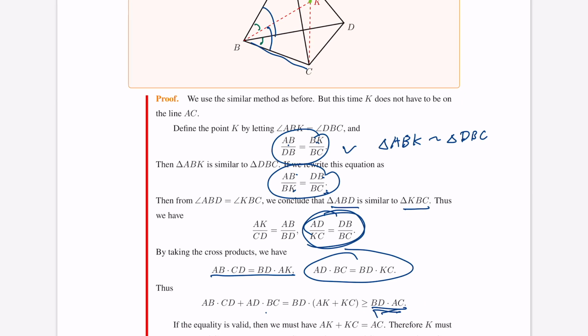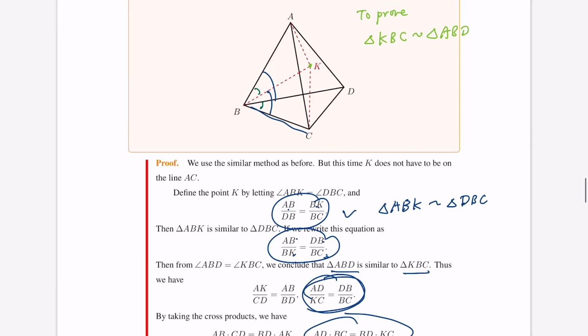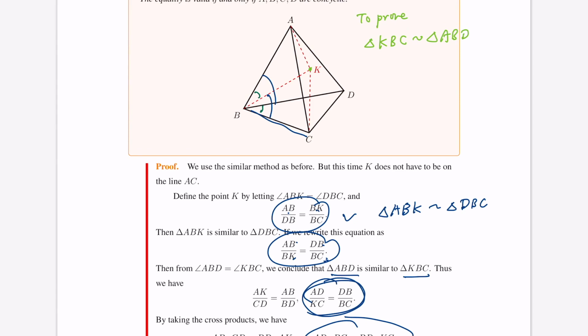And so why, in the equality case, does ABCD have to be concyclic? Well, in the equality case, the triangle inequality becomes an equality. And when that happens, KAC is not a triangle anymore, because in a triangle, the sum of two sides is strictly bigger than the third. So the only situation is when K happens to be on the segment AC.